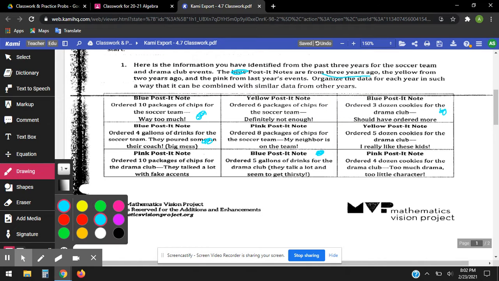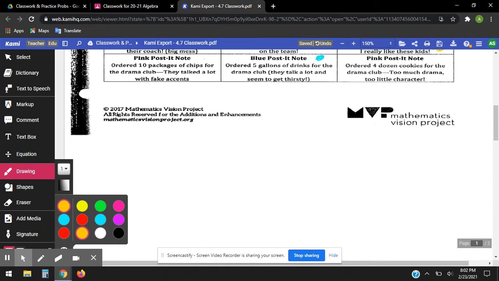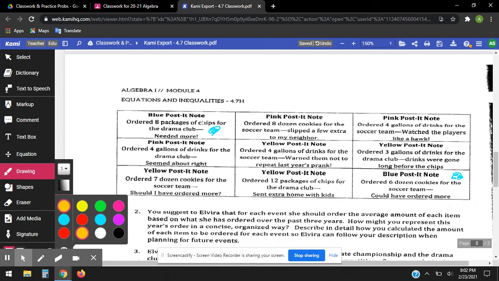We have yellow, which are from 2 years ago. So let's see, here's a yellow, here's a yellow. Since we don't have colors on these, here's a yellow, a yellow, a yellow, and a yellow.